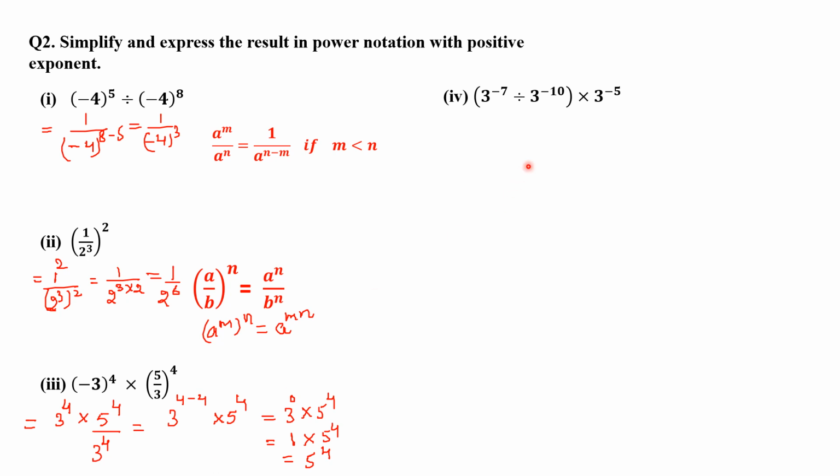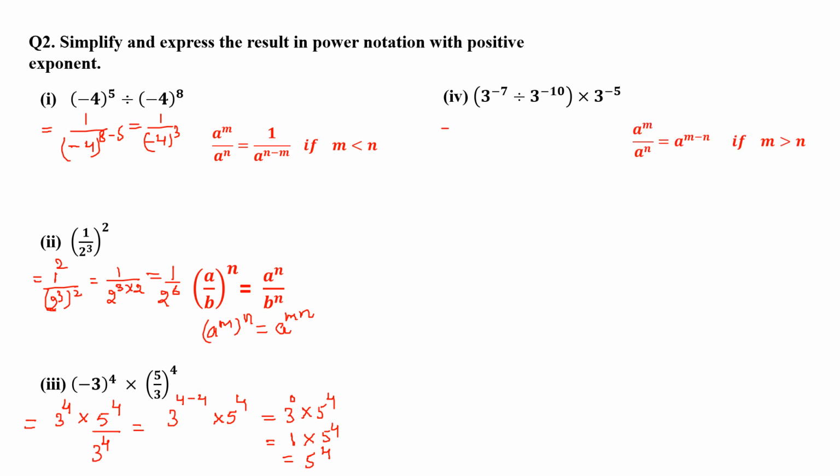Now in this question you have division also, you have multiplication also. So first we will do the work which is inside the bracket, right? We will first do the work of bracket, BODMAS rule, and inside the bracket if you see there is a division, isn't it? So we are going to use the division law.